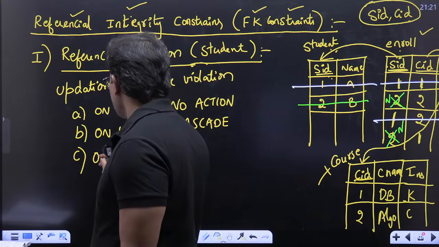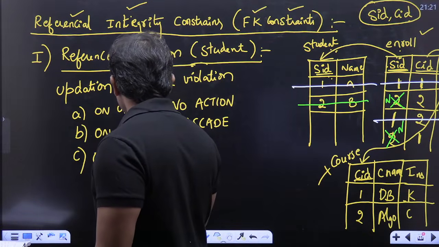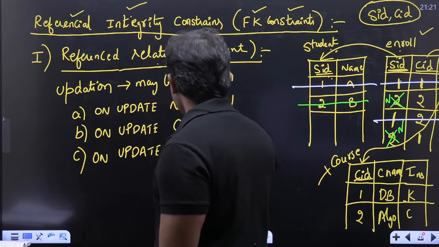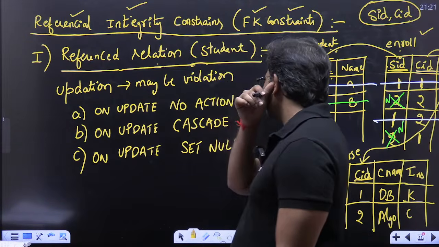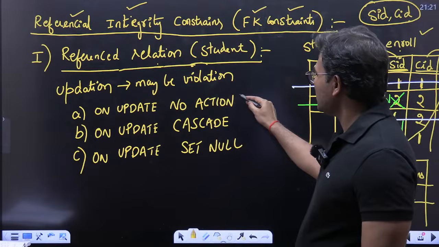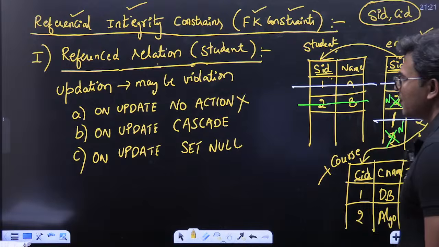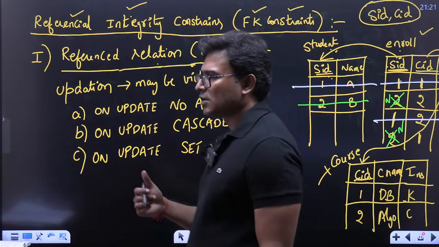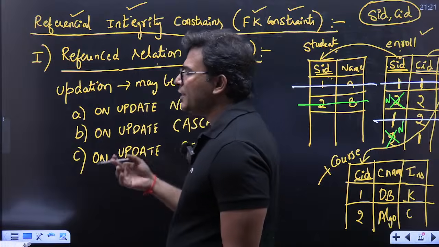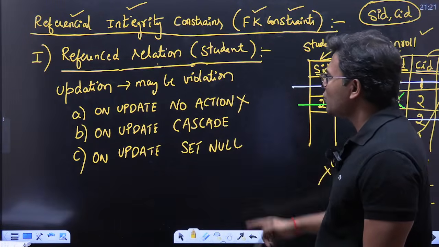Or on update, set null. I am not going to explain all this. One is that updation is not allowed at all. That is the call taken by the DBA, database administrator. And on update cascade, what do you mean by cascade?